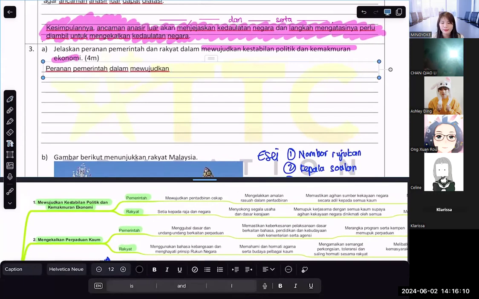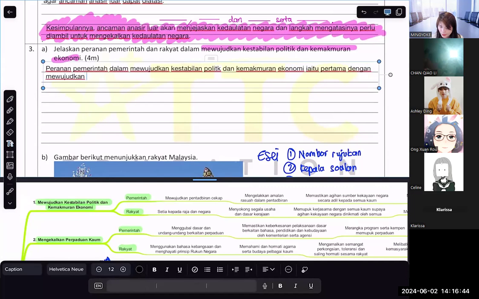Okay? Now, so what do we do? First, dalam mewujudkan kestabilan politik dan kemakmuran ekonomi adalah, itu pertama, you can write, dengan mewujudkan pentadbiran yang cekap.